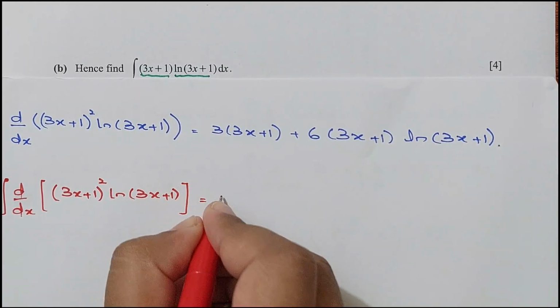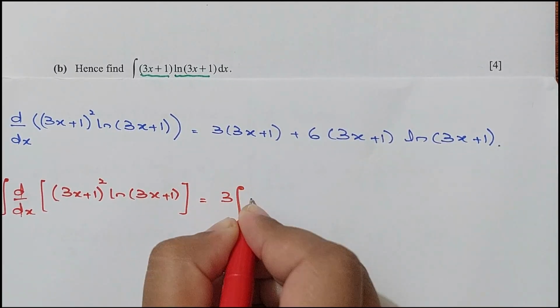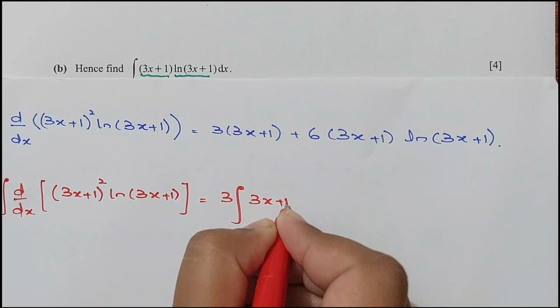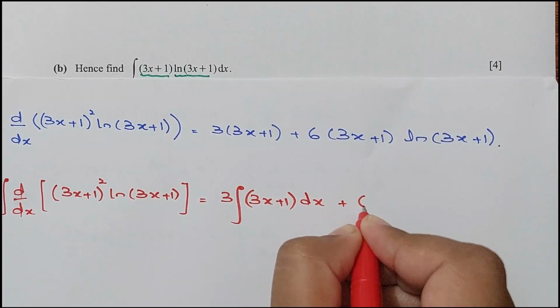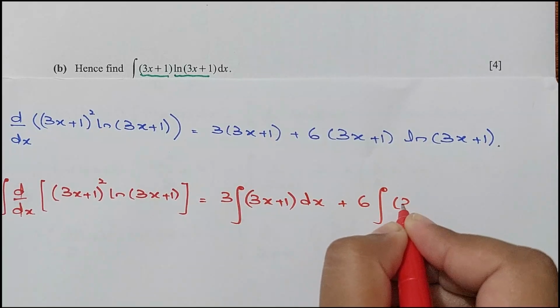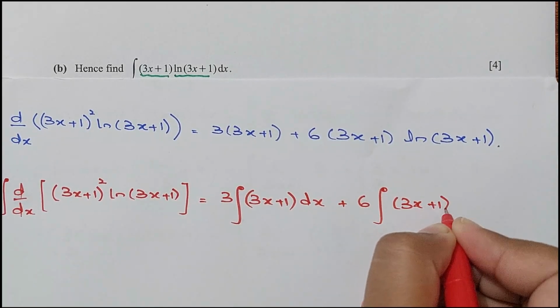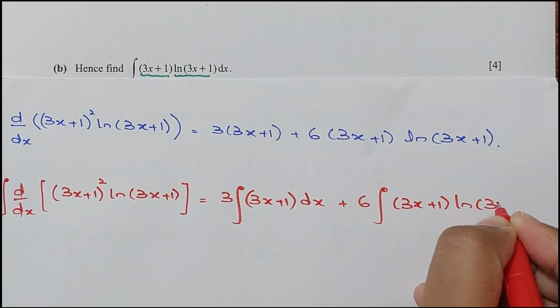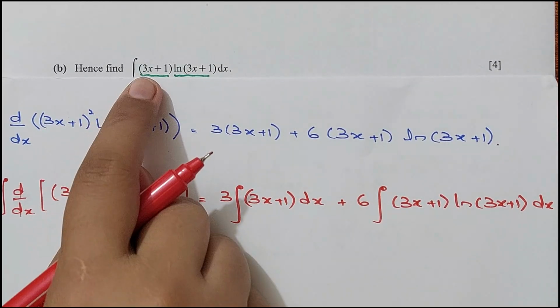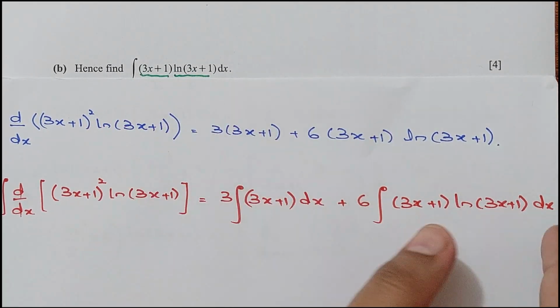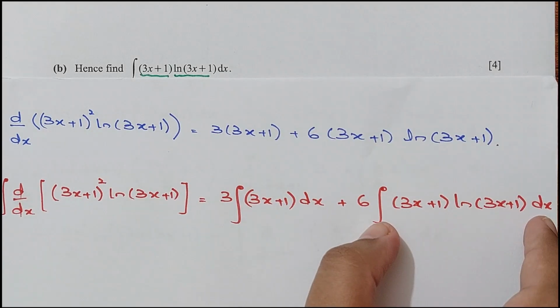This would be equal to 3 integration of 3x plus 1 dx plus 6 is outside, integration of 3x plus 1 ln of 3x plus 1 dx, right? Integration of 3x plus 1 ln of 3x plus 1 dx, this we have to solve, right?